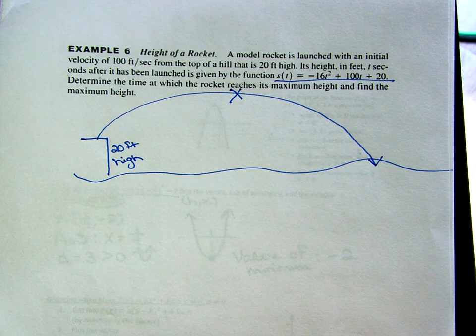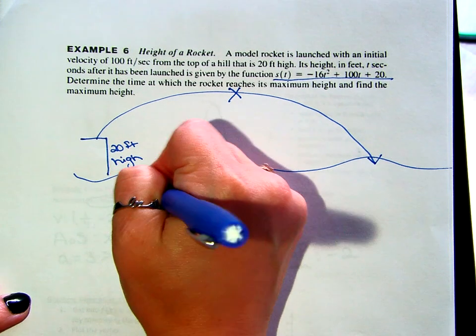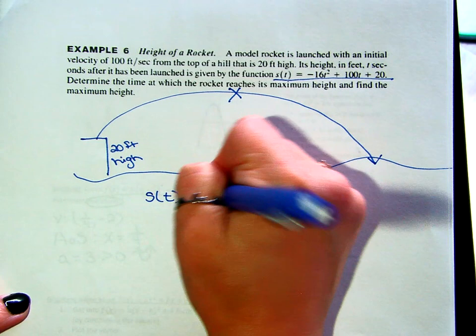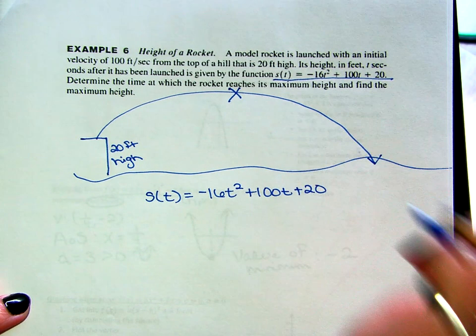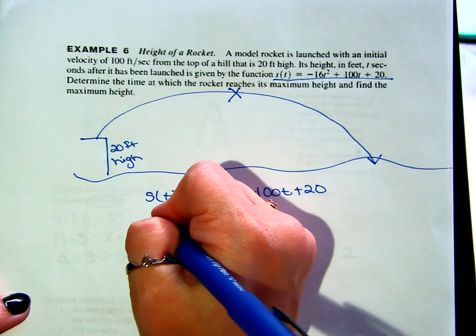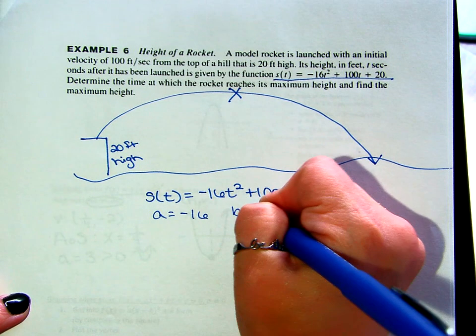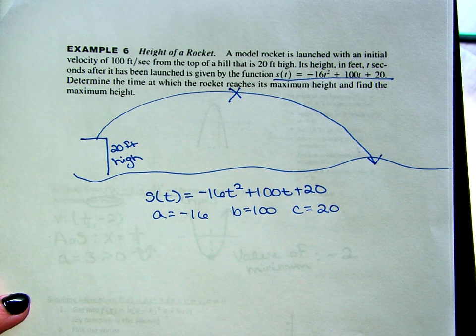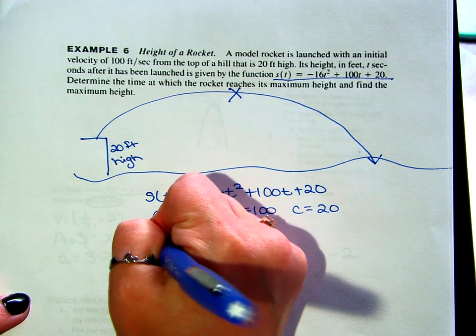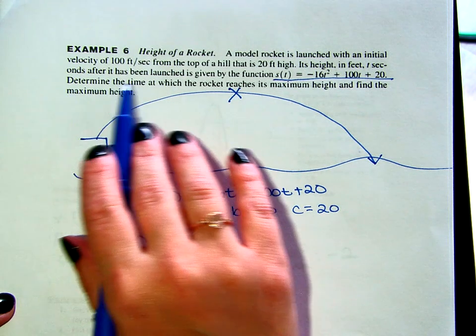So our function is s of t equals negative 16t squared plus 100t plus 20. Based on this, I know that a equals negative 16, b equals 100, c equals 20. And I know that the maximum is going to happen at a specific time, because it says determine the time at which the rocket reaches its maximum height.